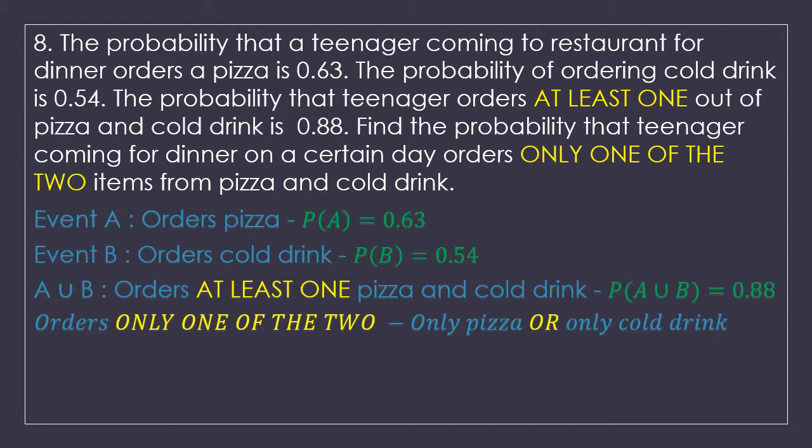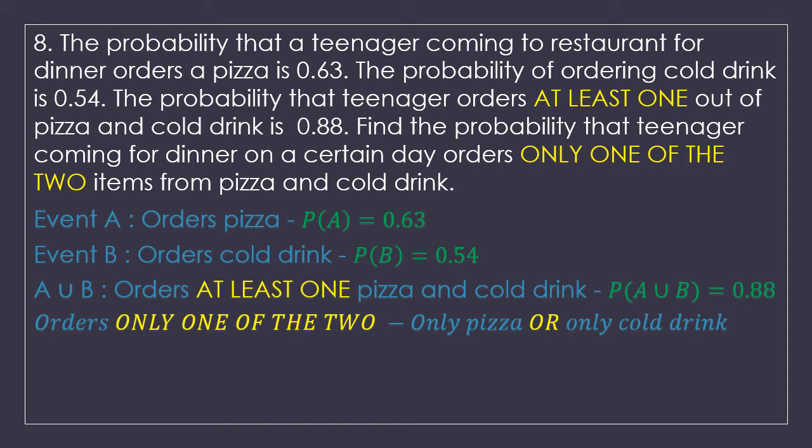In that tutorial, I explained the difference events. Difference events mean only one event. If A and B are two events given, the chance of only event A happening is the difference event A minus B, and the chance of only B happening is the difference event B minus A.